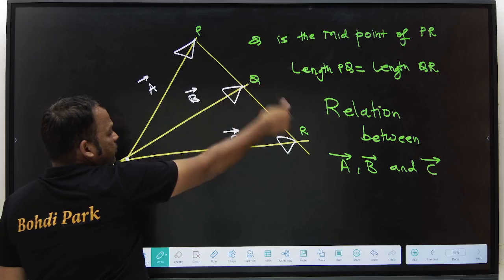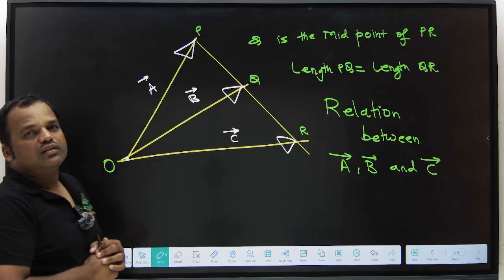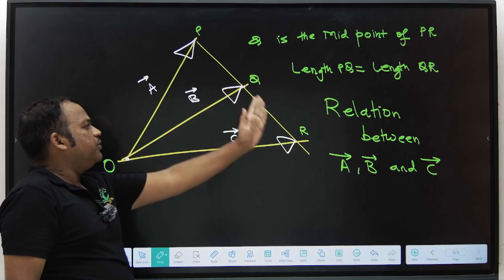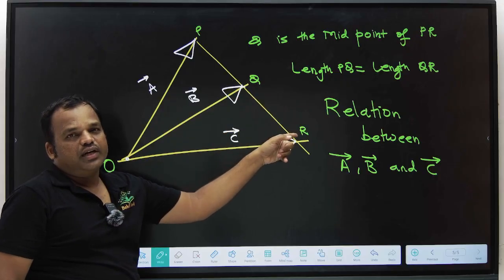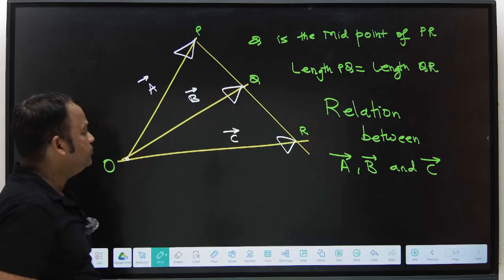And for OQR also, OB and OC are the two sides of triangle OQR, but QR is not a vector. So B and C are two sides, they are vectors.